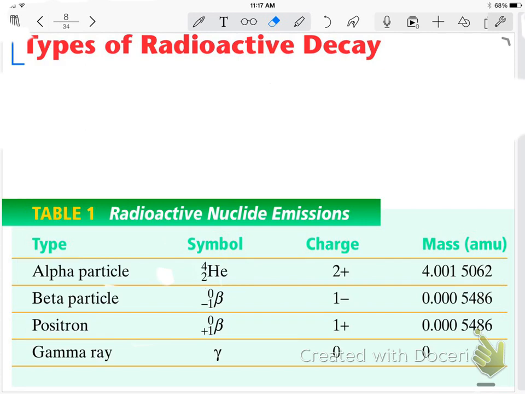If you remember back in an earlier chapter, when we talked about Rutherford's experiment, he shot alpha particles at a very thin gold sheet. It can be likened to shooting cannonballs at a piece of tissue paper, where you would expect all the cannonballs to go through.